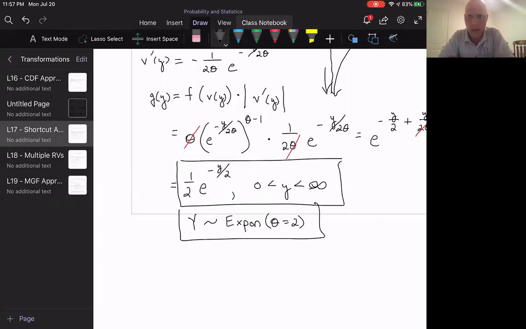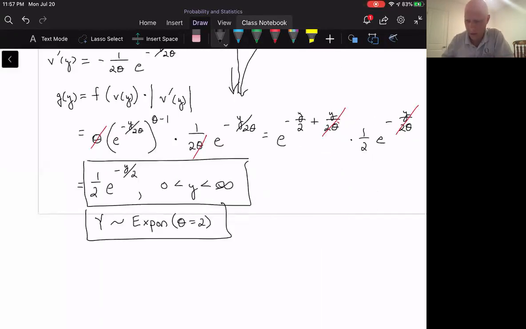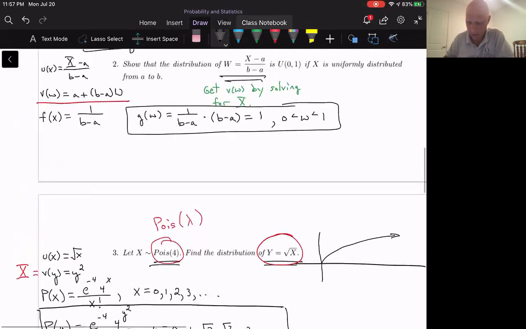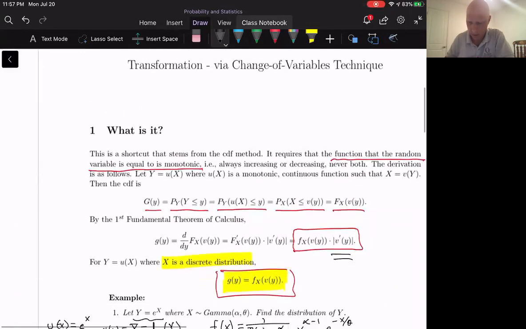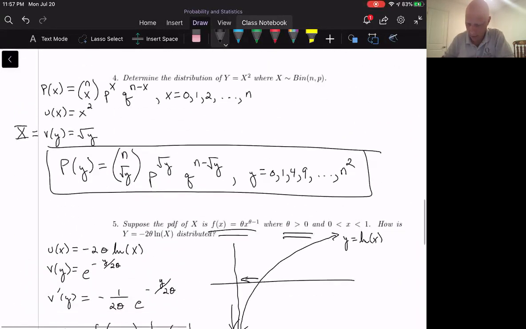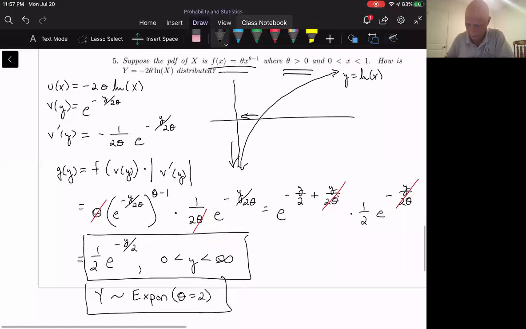Any questions in the few minutes remaining? Wait, on the top of this problem, you did v of v prime of y, and then you took the derivative. Mm-hmm.